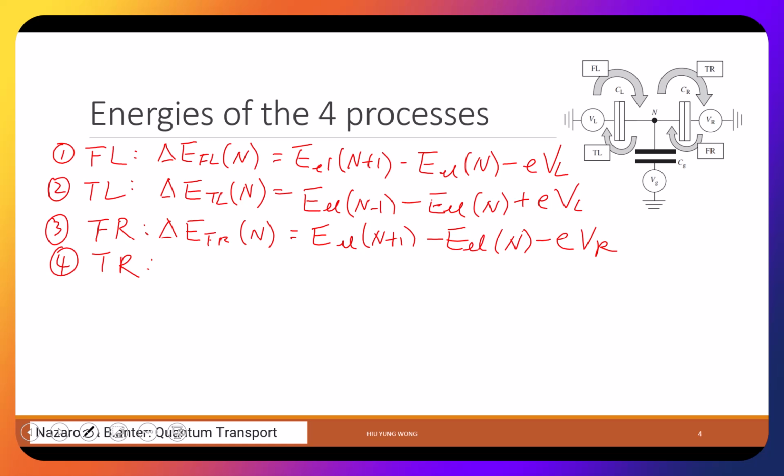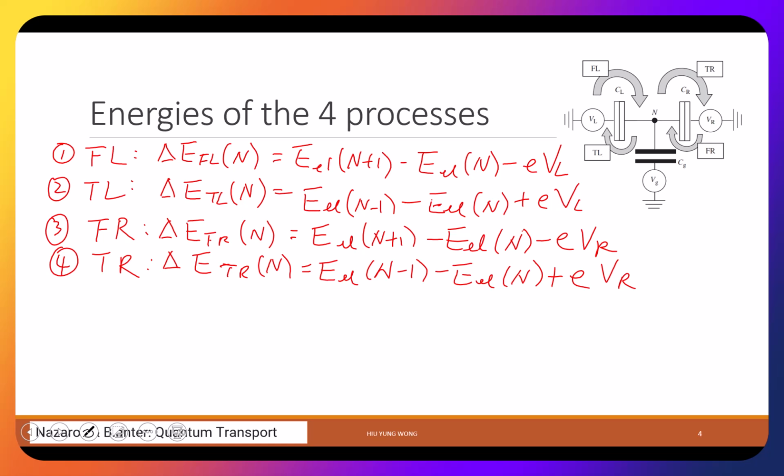Yeah. So to the right is what? When you tunnel to the right, how many electrons do I have now? Thank you. N minus 1, compared to before, which is N. And then because it's tunneled to the electrode, it's EVR. Okay, so what is the energy?